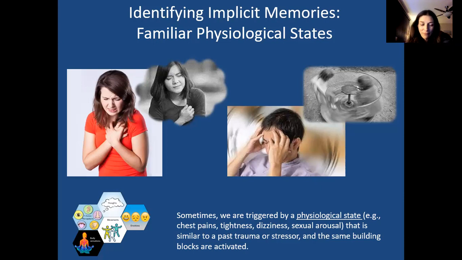So let's say now I'm feeling the same tightness in my chest and I have the same kind of anxieties associated with it because of that past experience, or the fear of being judged for it comes up, but I'm not even around anyone. But because I went through that, the emotional reaction is popping up with the physical reaction. So the fact that I'm re-experiencing that emotion now is a sign that I'm acting out an implicit memory.